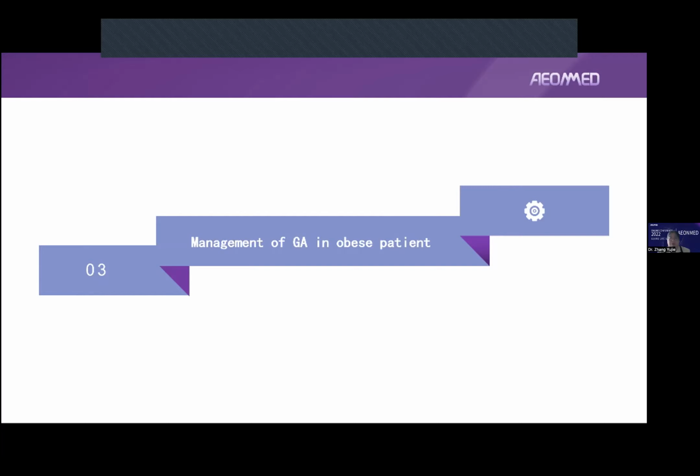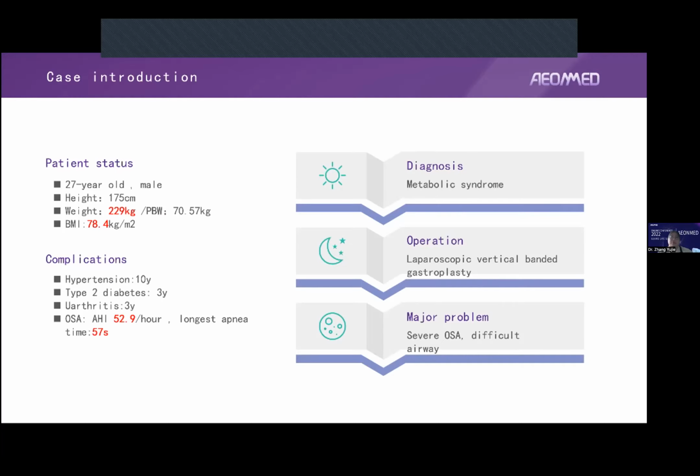Okay, I'll introduce the case briefly first. This is a case of an extremely obese patient diagnosed with metabolic syndrome. He will be receiving laparoscopic vertical banded gastroplasty, and his weight is 229 kilos, which is 3 times his PBW, and the BMI was 78.4, which is very high.